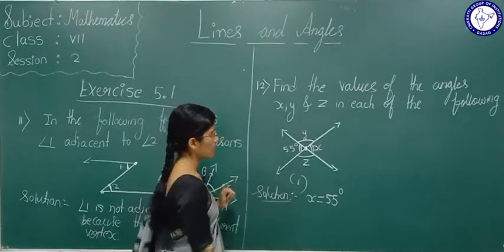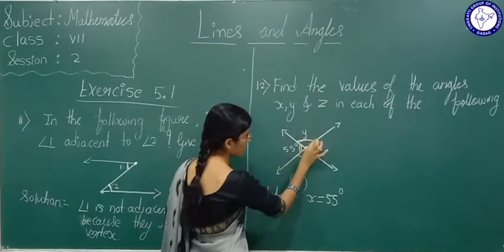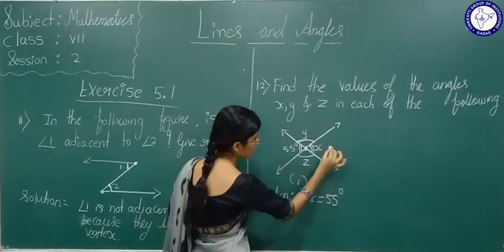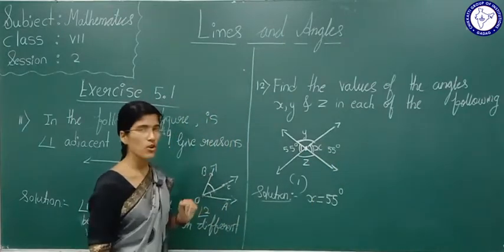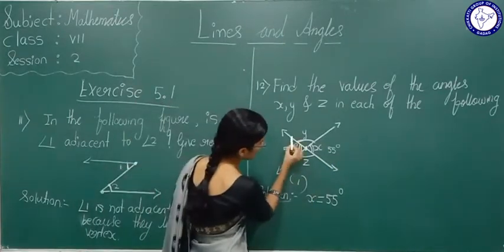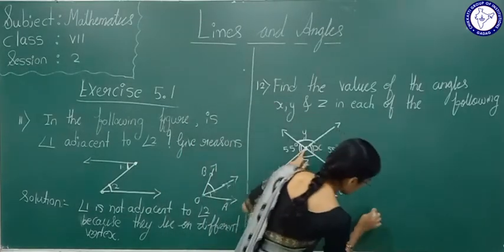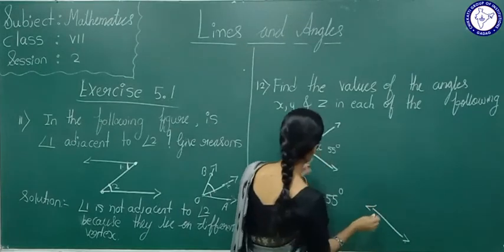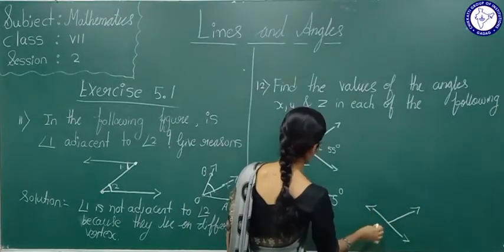Now how to find out this y here? Now this we got as 55 degrees. Now see here, what is this full angle, students? Now I will draw it separately.